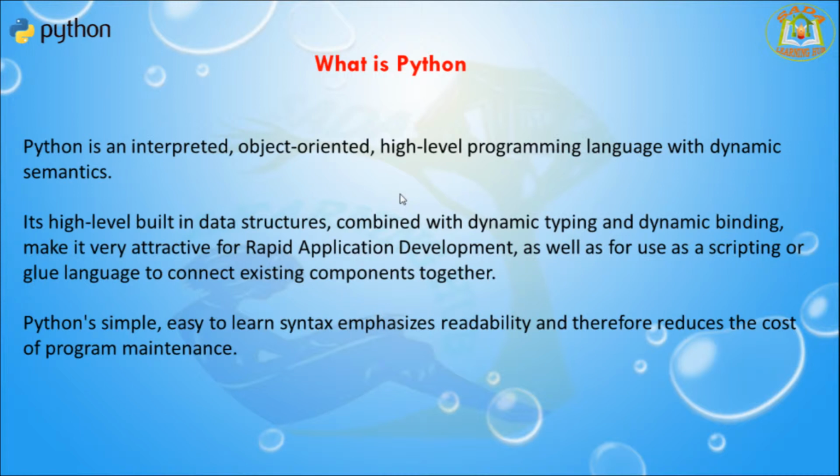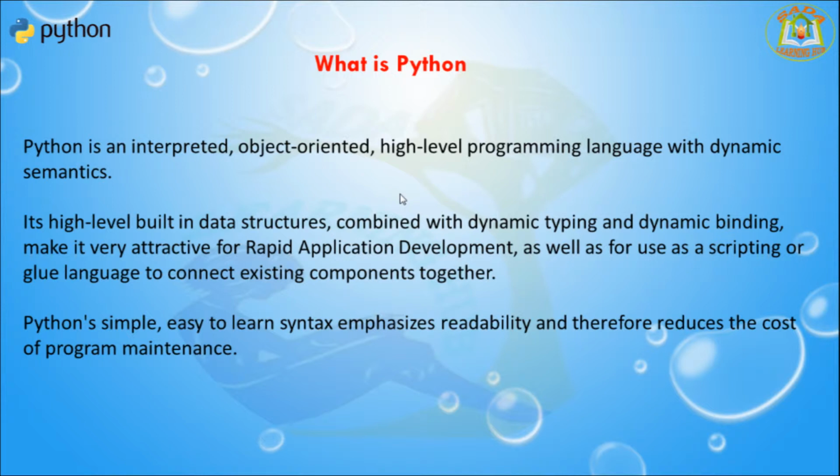First of all, Python is an interpreted, object-oriented, high-level programming language with dynamic semantics. If you see, there are no declared data types in Python, which means it has dynamic semantics. If you declare an integer value or a string value, it is automatically converted at runtime.